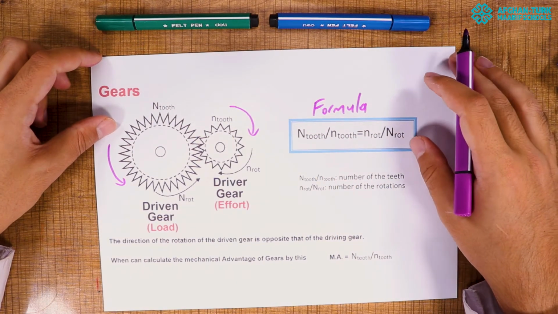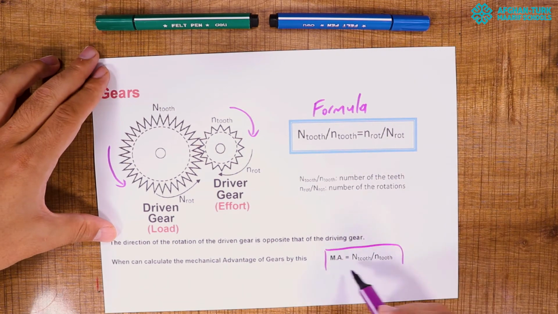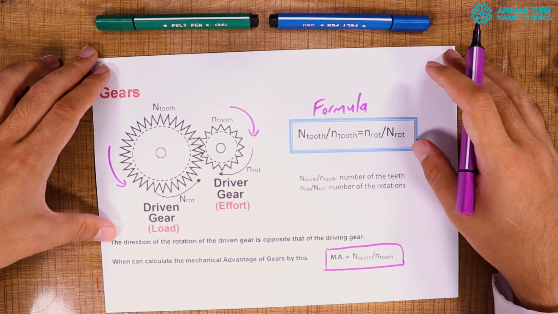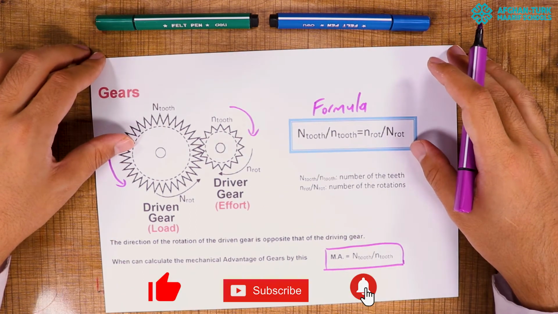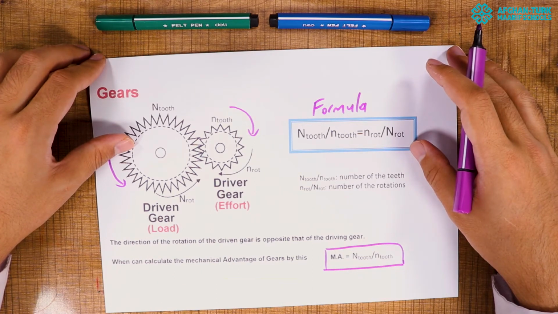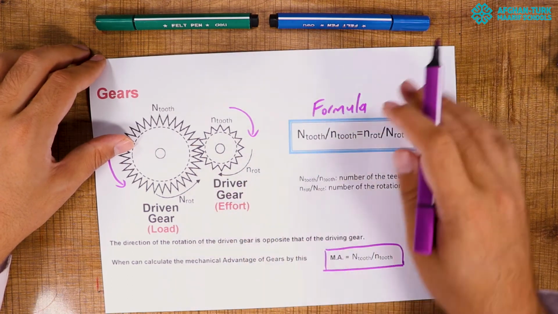We can calculate the mechanical advantage of gears by using this formula again. Basically, wheels and gears have the same working principle. The only difference between wheels and gears is that the direction of the rotation of the driven gear is always opposite to the driver gear. This one I just explained.